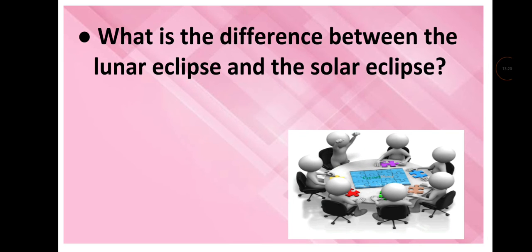So difference is, when the earth blocks the sunlight from reaching the moon, it is a lunar eclipse, and when the moon blocks the sunlight from reaching the earth, it is a solar eclipse. In a lunar eclipse, the moon does not get sunlight. In a solar eclipse, the earth does not get sunlight.